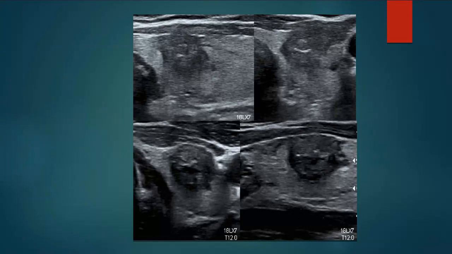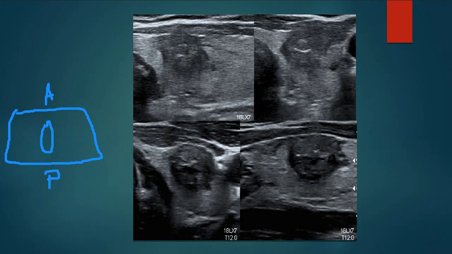So here we have our picture, right? And we have all of our layers of tissue, anterior, posterior, regardless of our transducer orientation. When we have a finding that looks like this, that is going to be taller than wide.